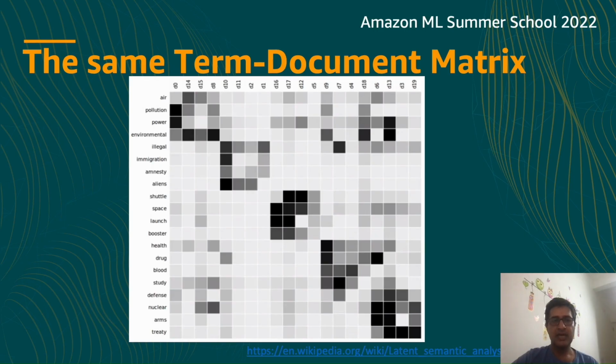So in general, what this does is that it allows you to represent the much larger term document matrix in terms of diagonal elements and be able to recognize if there is a substructure sitting there.